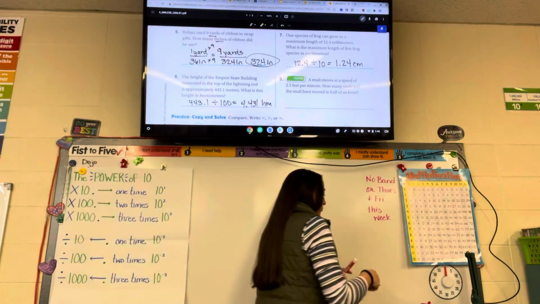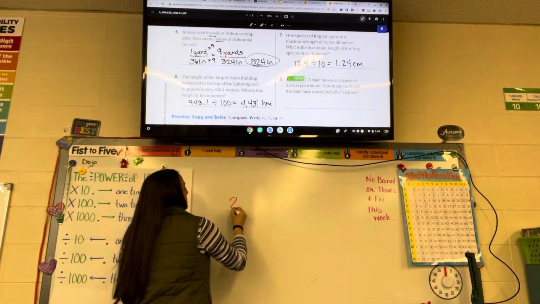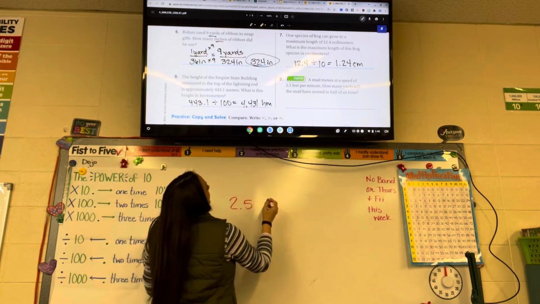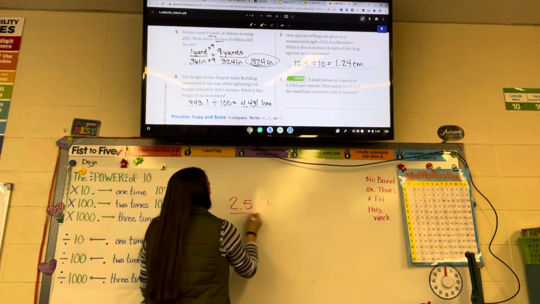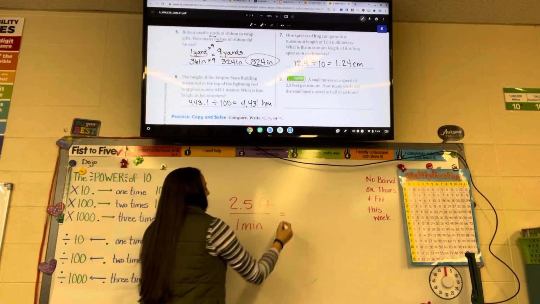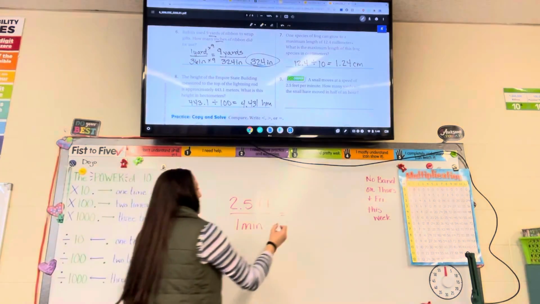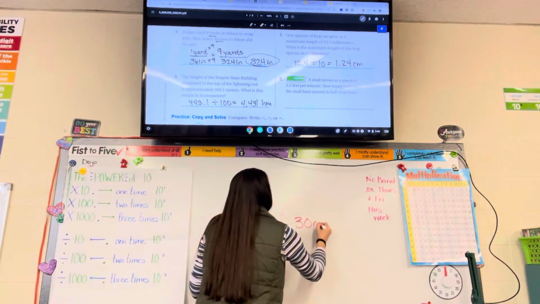So if we've got that he goes 2.5 feet in 1 minute, right? And how many minutes are there in a half an hour? 30. So we're actually doing 30 minutes, right?